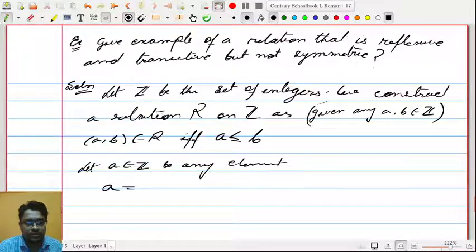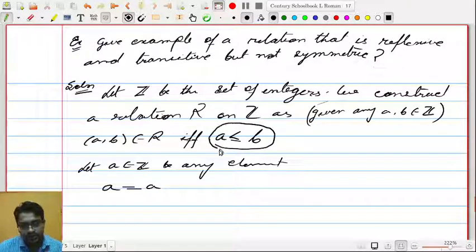Then what can we say? a is always equal to a, so this holds: a is less than or equal to a.